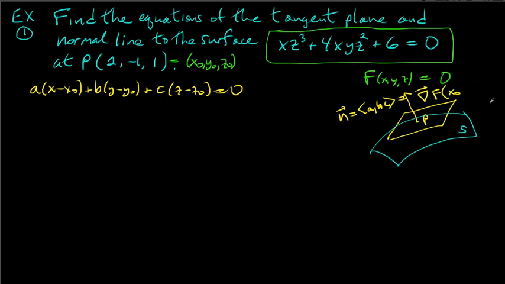And of course, we plug in x0, y0, z0, in this case 2, -1, 1. So this point here has coordinates 2, -1, 1. So we have our normal vector. In this case, it's given as the gradient, so we have to find the gradient of capital F.